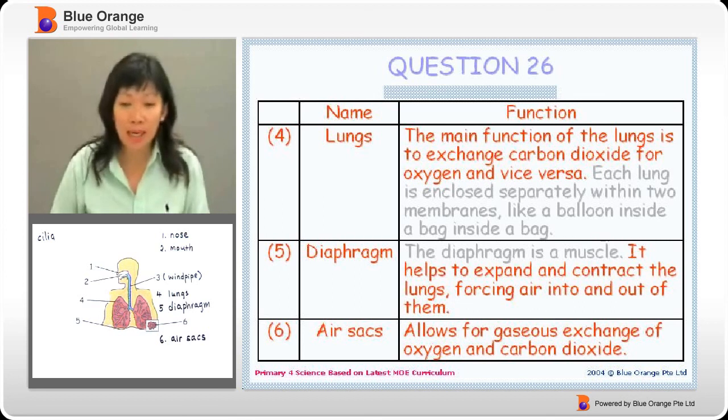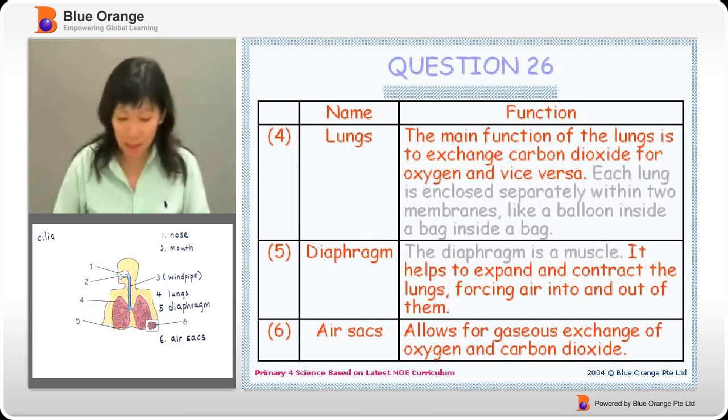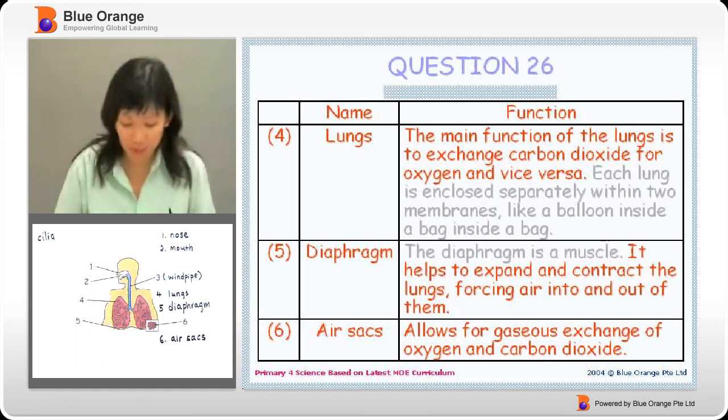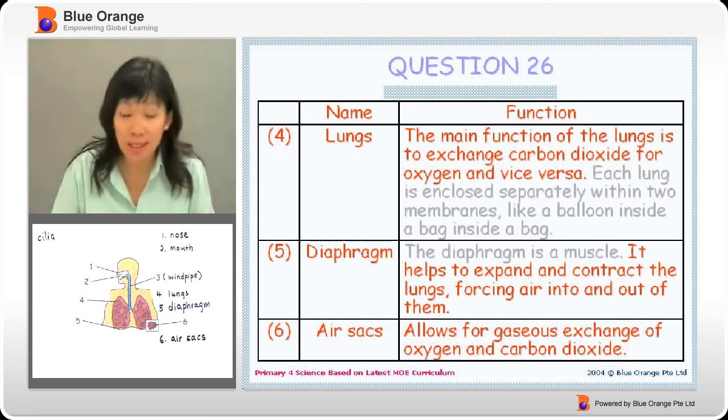So here, the air sac allows for gaseous exchange of carbon dioxide and oxygen. Okay, so here you have the different parts and the different functions of the respiratory system. We have come to the end of this question.